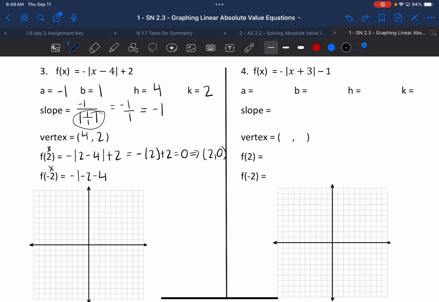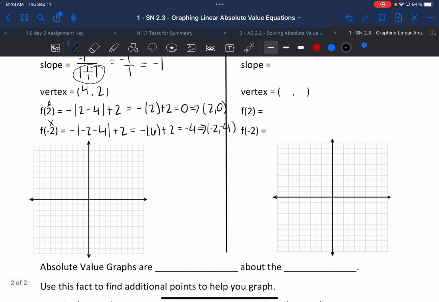Inside the absolute value, we've got negative 2 minus 4, which would be negative 6. But the absolute value of negative 6 is 6. So I'm actually just going to take out a 6, remembering that there's a negative in front and plus 2 on the end. What's that going to give us? Negative 4. So we also would have the coordinate point negative 2, negative 4 somewhere on our graph.